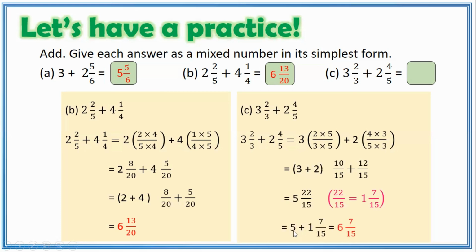So we can add 5 plus 1 and 7 out of 15 is equal to 6 and 7 out of 15. So therefore, 3 and 2 out of 3 plus 2 and 4 out of 5 is equal to 6 and 7 out of 15. Very good.